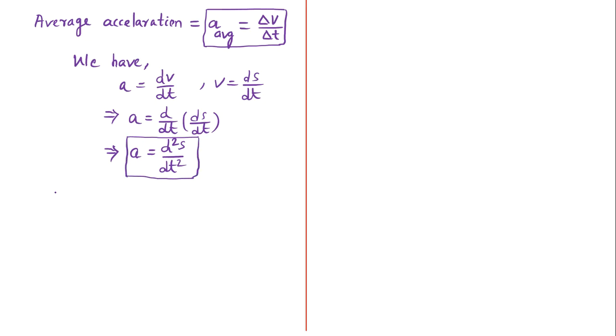Again I can express acceleration in another form. A equals dv by dt. Let's multiply and divide by ds. Then ds by dt becomes v, and this equals v dv by ds.